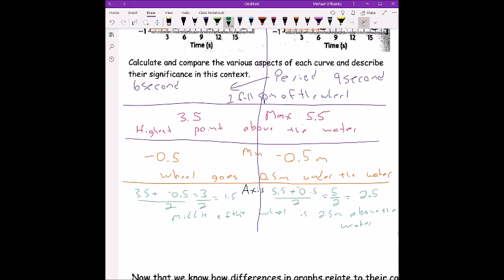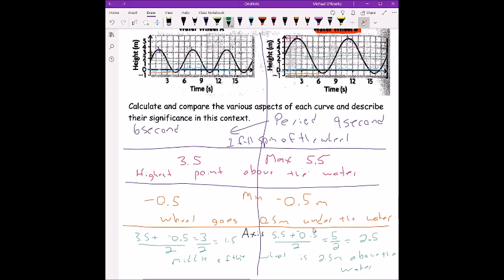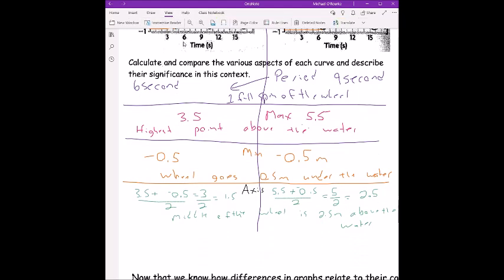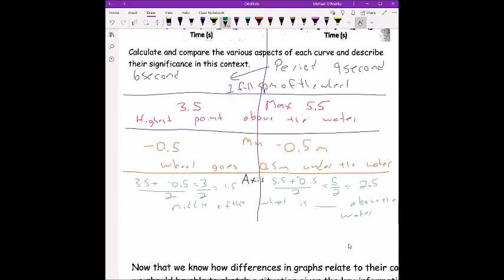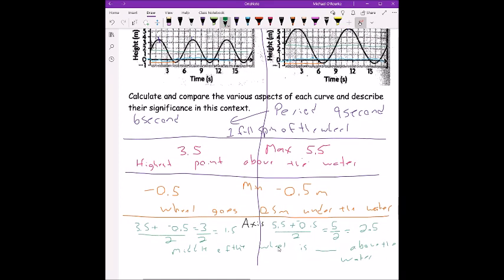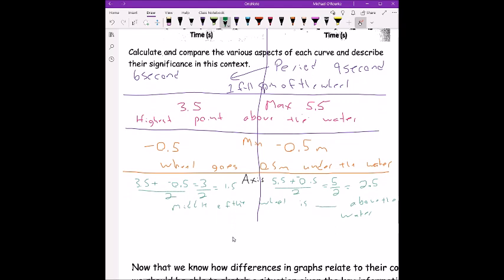Okay? So in context, remember how I drew that water in there? Oh, I'll erase the, oops. Okay, let's get the draw. Explain, oh, we're almost done this, and then you'll have till noon. So the middle of the wheel is blank above the water. In my case it's 2.5, in your case it's 1.5.